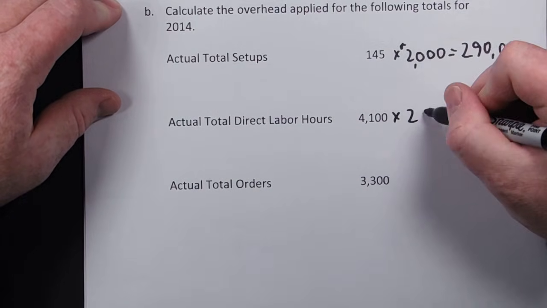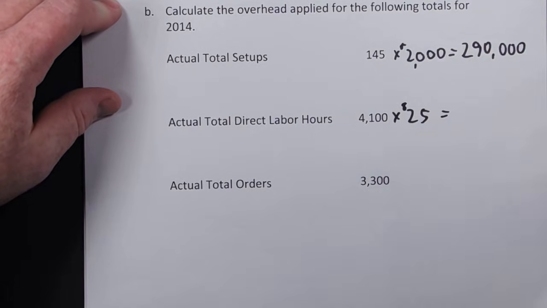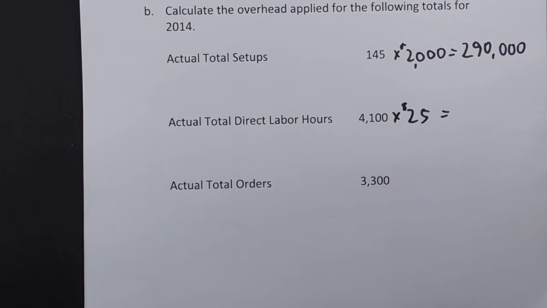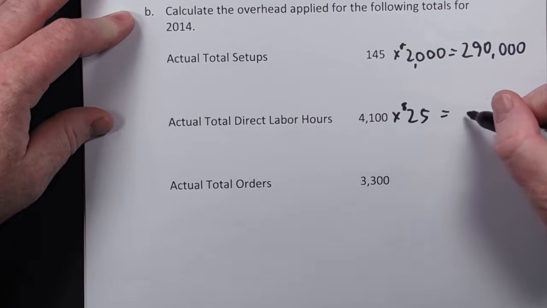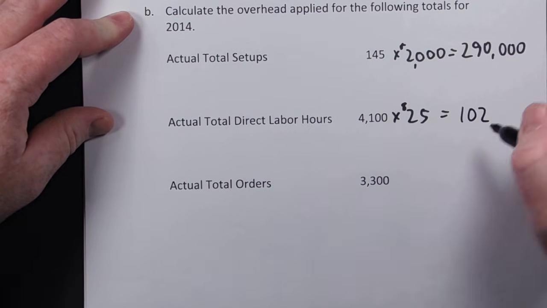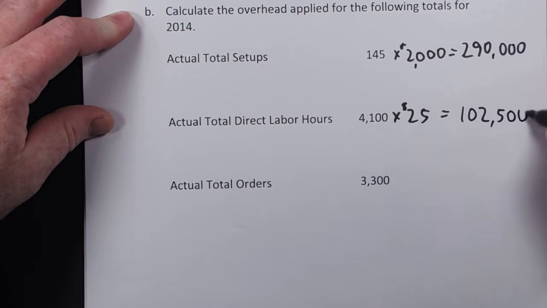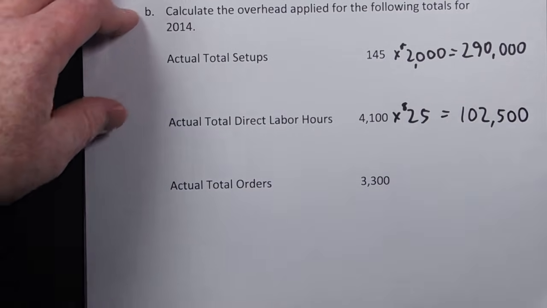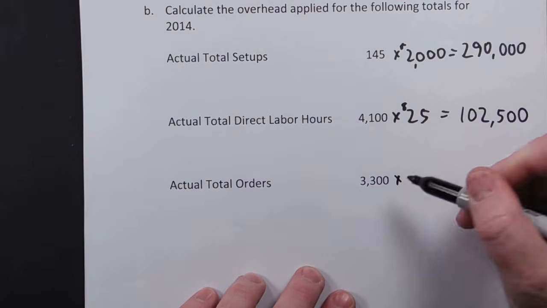Each one of those we determined to be $25 per hour. So $102,500 will be applied for that based on the predetermined rate.